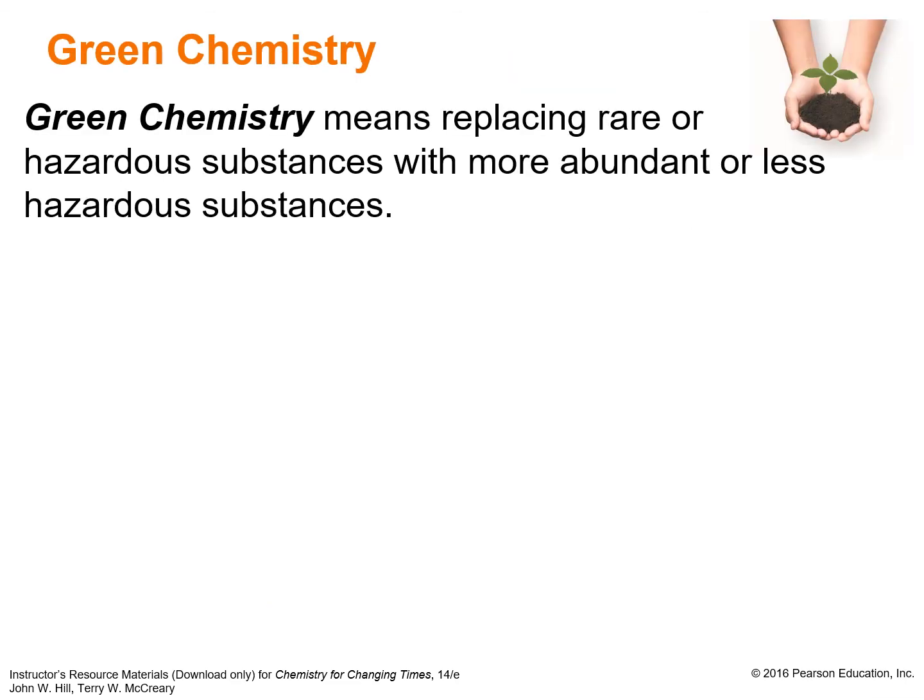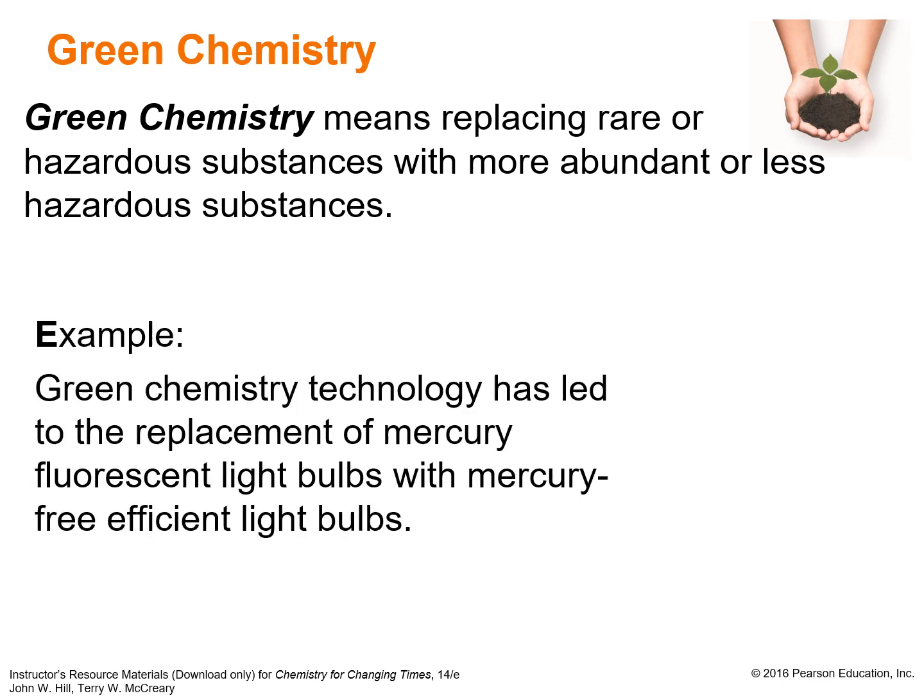So on this slide, we will see the application of green chemistry, and see how it is used. So green chemistry means replacing rare or hazardous substances with more abundant or less hazardous substances. So you want to reduce any hazardous substance in the environment. One such example is new technologies have led to the formation of mercury-free efficient light bulbs.